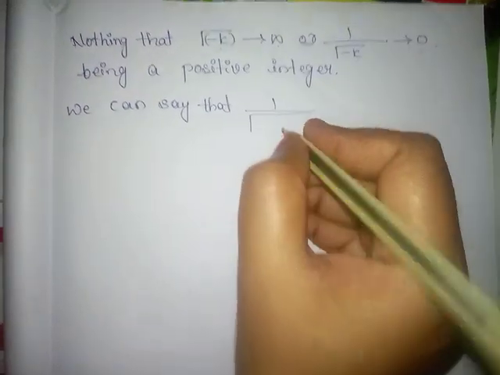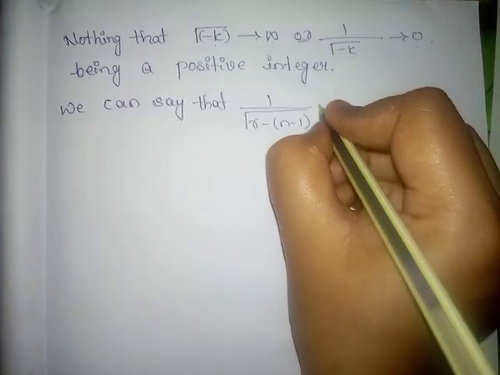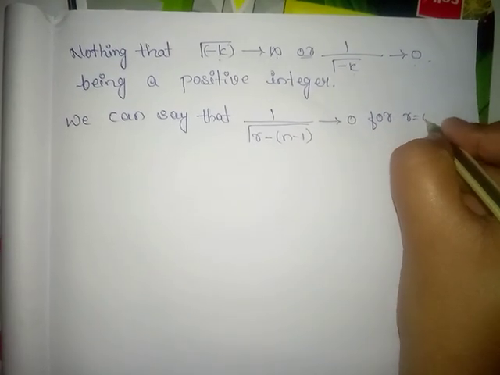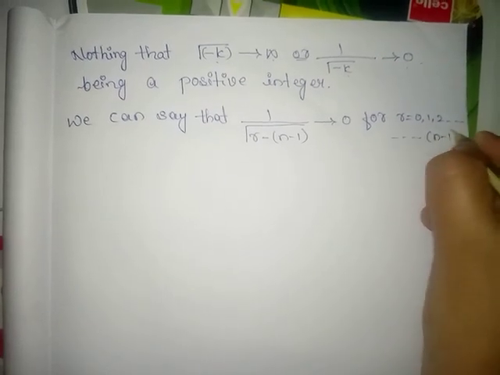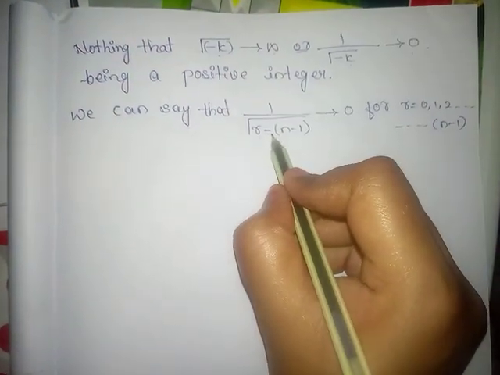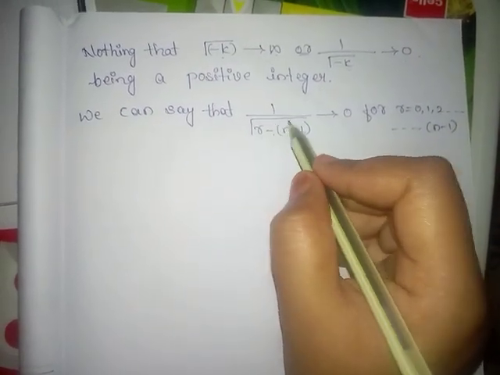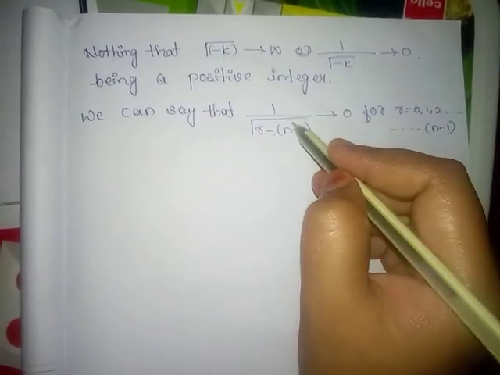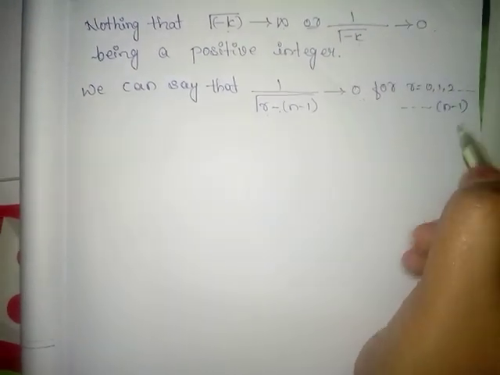In place of minus k, I will write the actual term, that is 1 divided by gamma of r minus of n minus 1 tends to 0 for r equal to 0, 1, 2, and so on to n minus 1, because when we substitute r as n minus 1 we get 0; gamma of 0 is infinity, and 1 by infinity is 0. Therefore this term will be 0 for r equal to 0, 1, 2, and so on to n minus 1.